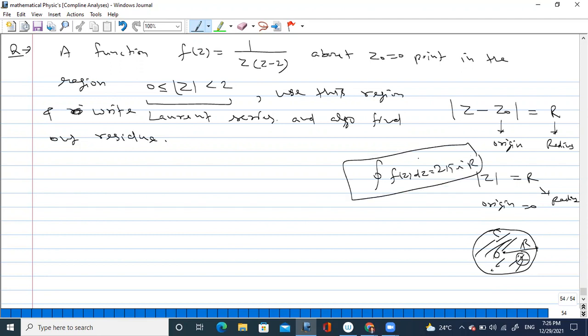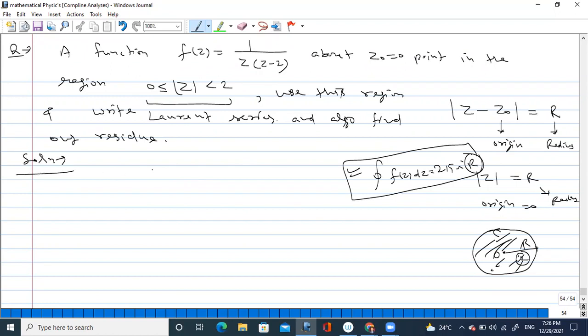By this formula, the Cauchy integral formula, we can find out the integral. So residue is very important. That's why in every question I am concentrating on finding the residue also. And what is the residue? You know, the coefficient of 1 upon z minus z0 is known as the residue.